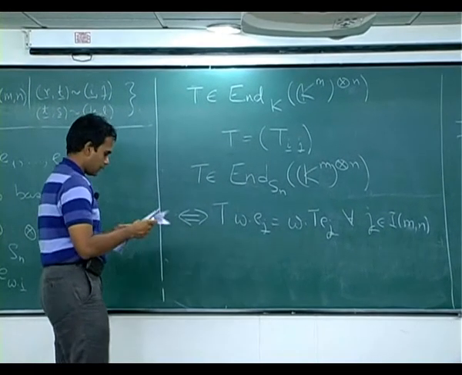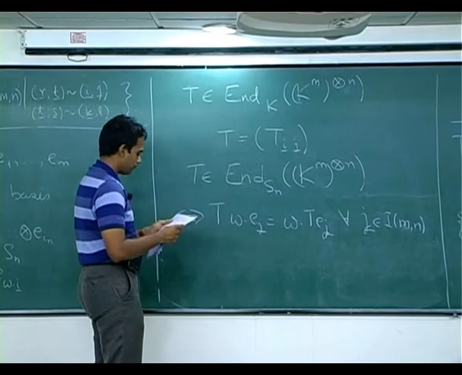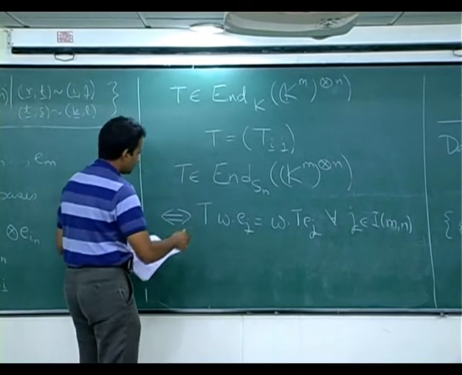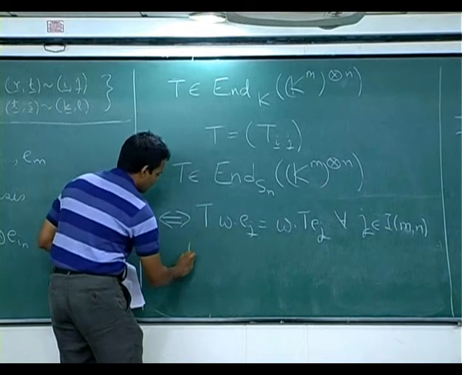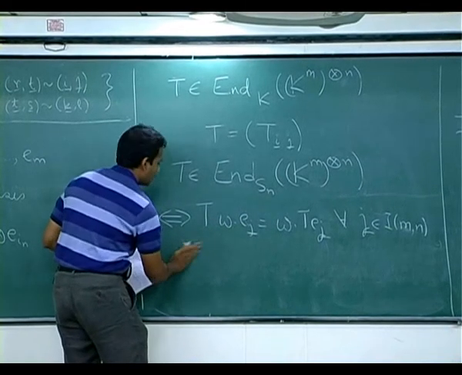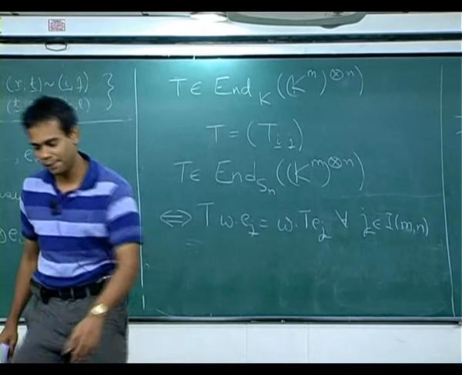Okay, let us just calculate what this means in terms of the matrices. Take the ith coordinate of this. So, T, maybe I will do it on a fresh board.